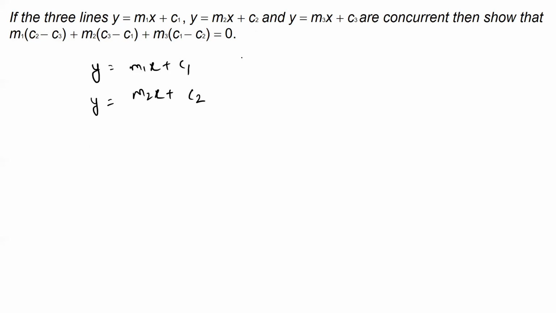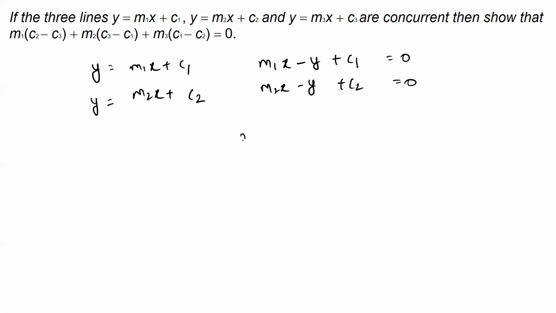So let me write down these equations in the standard form: m1x - y + c1 = 0 and m2x - y + c2 = 0. I will be using the cross multiplication method to solve the equations this time.